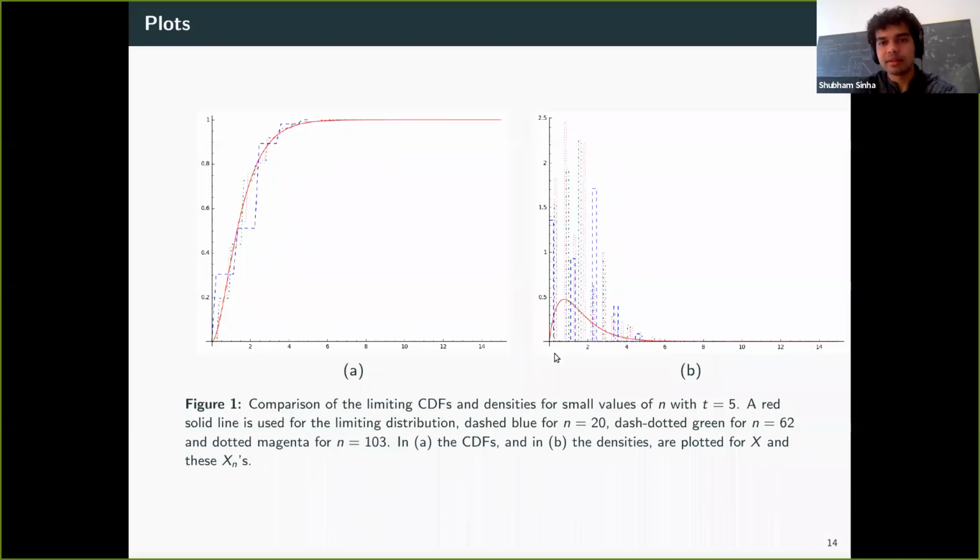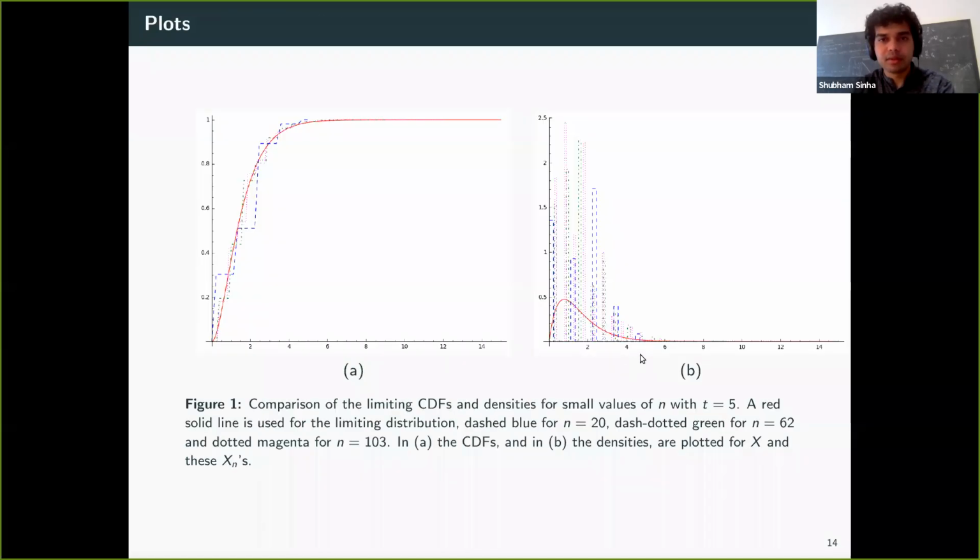And here is the plot for the density function of the two. As I mentioned, many times these step functions become zero, so there's no hope for strong convergence.